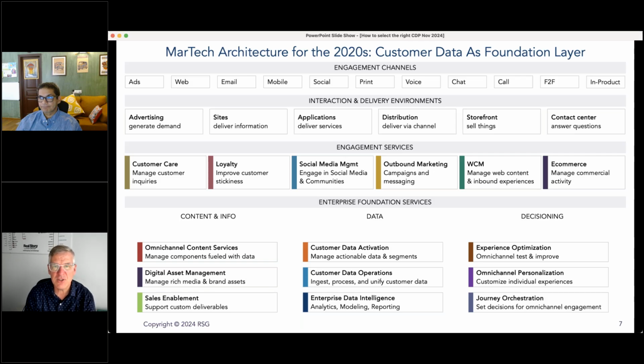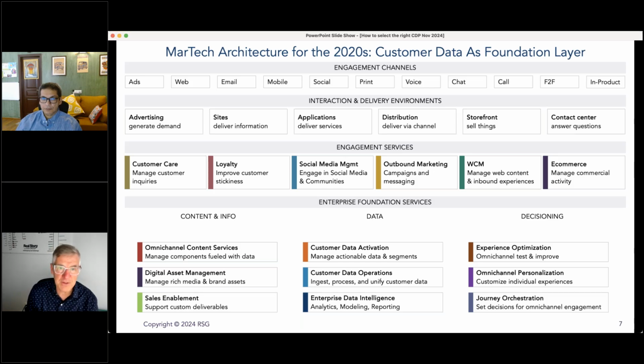You could think of these as channel silos, where historically we have trapped a lot of our data, decisions and content. But what's increasingly happening, and what we're encouraging, is this great legless decoupling, where content and information, data and decisioning are now flowing, and quite properly should flow, to the enterprise foundation layer. And CDPs are part and parcel of that, leading the way on the data side.